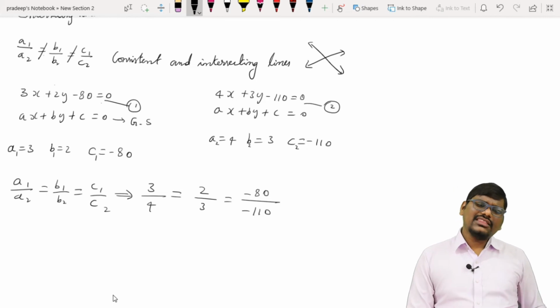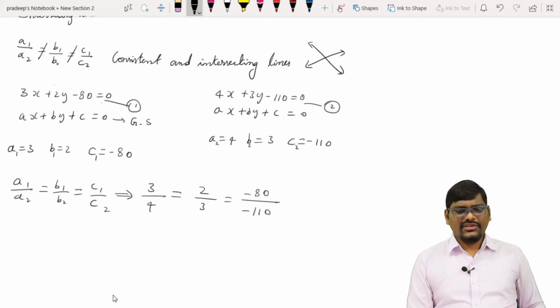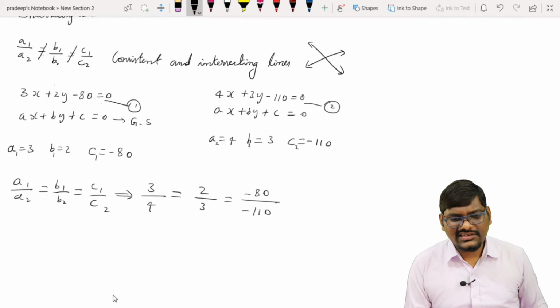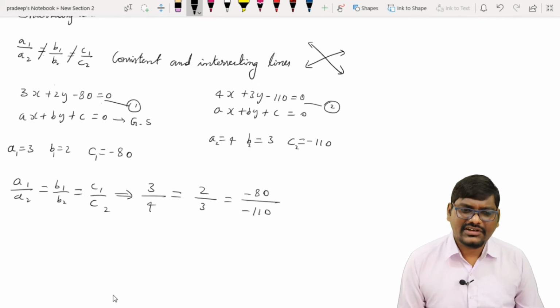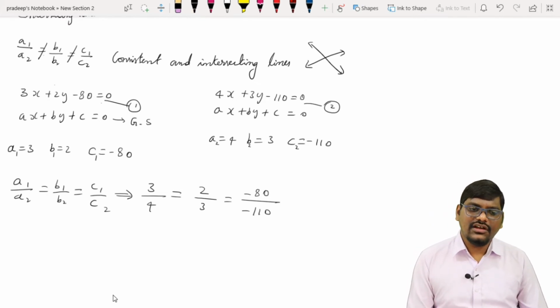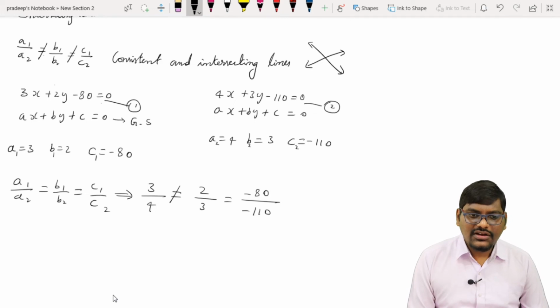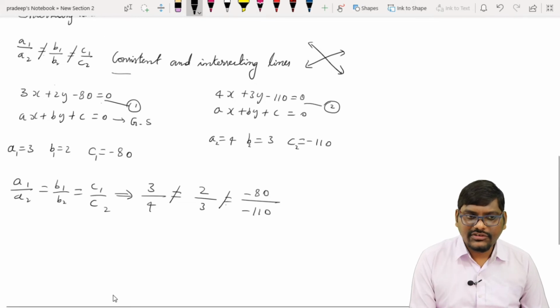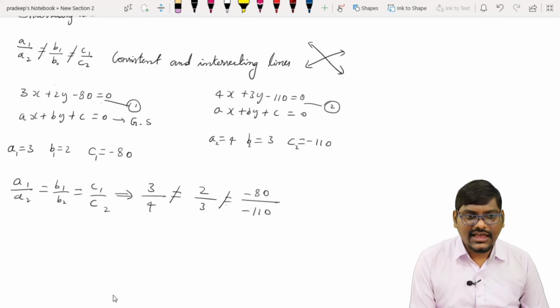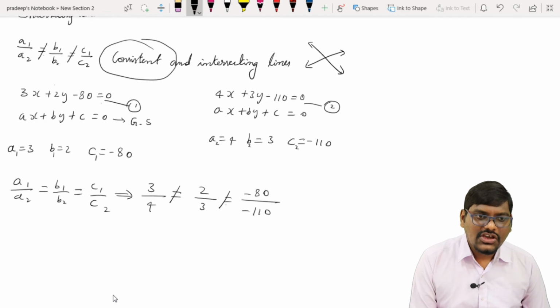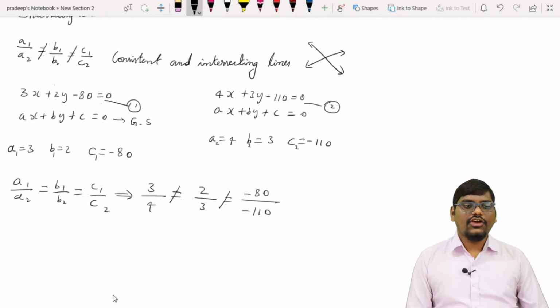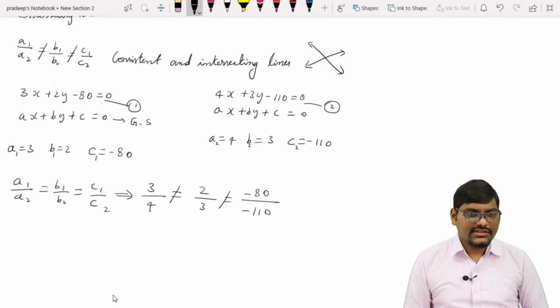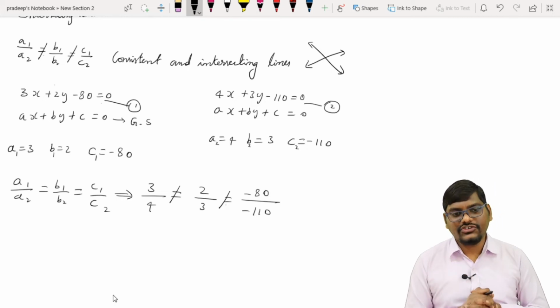When you see, nothing is equal. 3 by 4 is different, 2 by 3 is different, minus 80 and 110, everything is different. As none of these is equal, we'll say these are not equal. Already we have seen, if nothing is equal, that sort of equation we'll call intersecting lines, and we'll also say it is consistent. I hope this is very clear to you. This is all about intersecting lines, and this is what you are going to see in problems.